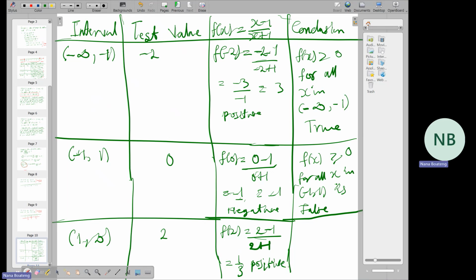Okay, so f of x is greater than or equal to 0 for all x in 1 to infinity is true.